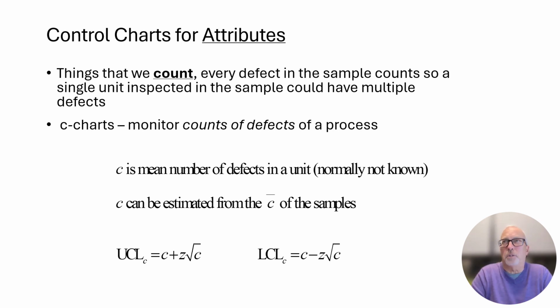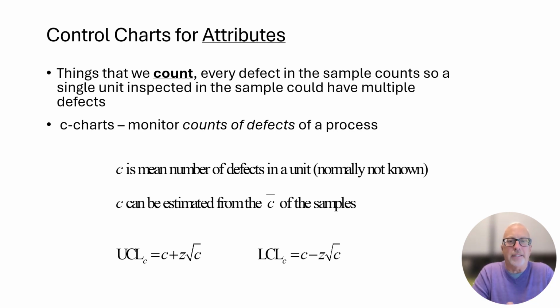Like we've talked about before, we might go to the previous 20 samples and ask how many defects, what was the average across those 20 samples? It's like that grand mean, the X double bar that we saw previously. So C can be estimated based on at least 20 previous samples. In the problem we use, we're just going to use 5 because I don't want to add up 20 numbers, but you get the point.